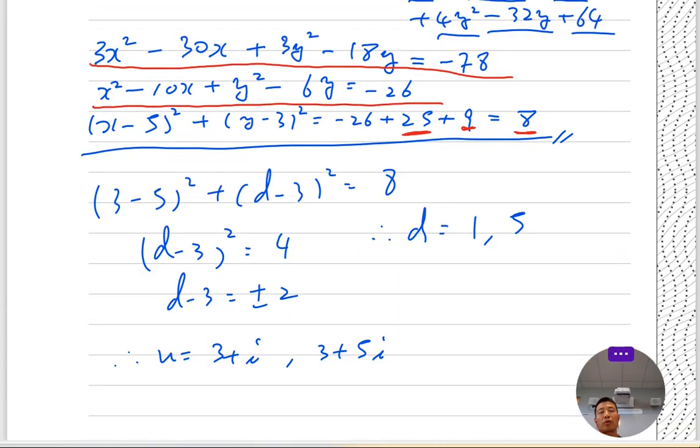So you plug 3 into x and d into y to find d, then complete the equation. d minus 3 squared is 4, hence d minus 3 equals plus or minus 2, hence d is 1 or 5. When d is 1, u equals 3 plus i. When d is 5, u equals 3 plus 5i.